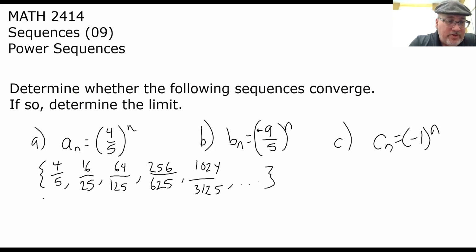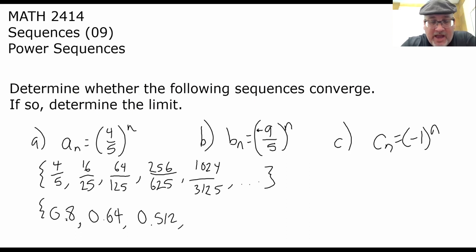For example, 4/5 is a decimal of 0.8. Well, that's easy to square. It would be 0.64 with 2 decimals. And then if we multiply it by 0.8 again, we would get 0.512. And if we multiplied by 8/10 again, or 4/5, we would get 0.4096.